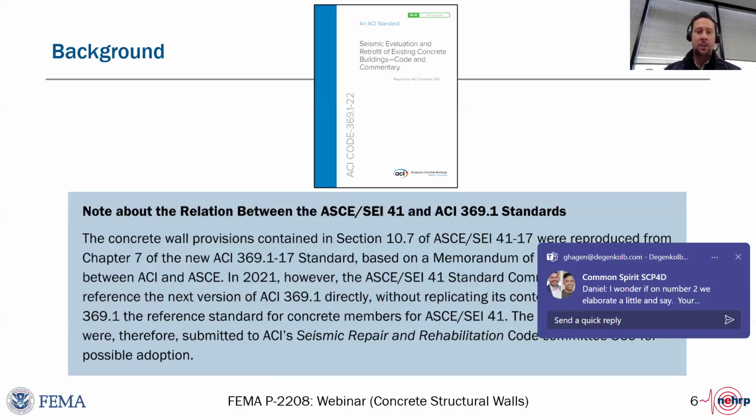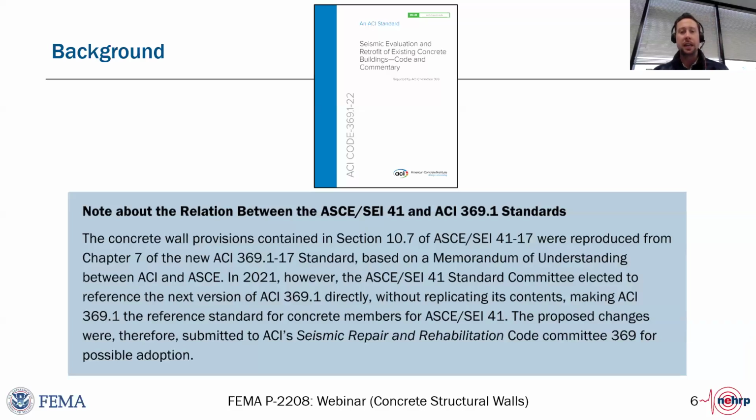One other nuance to be aware of in terms of ASCE 41-23, which is unique relative to the earlier versions of the standard, is that ASCE 41 has started to move in the direction of some of the newer building standards that are out there.